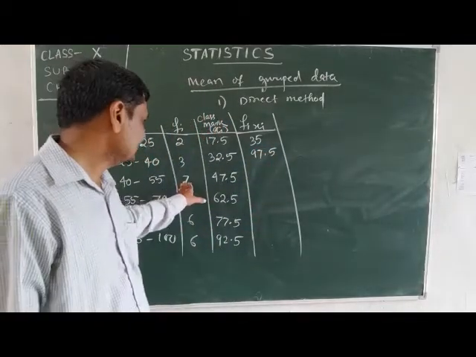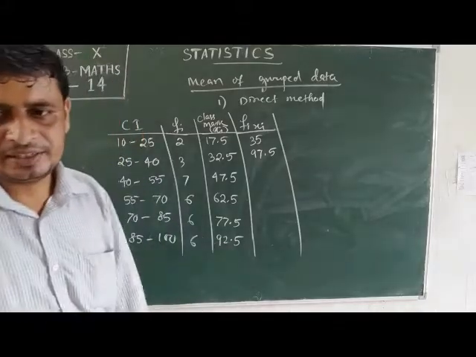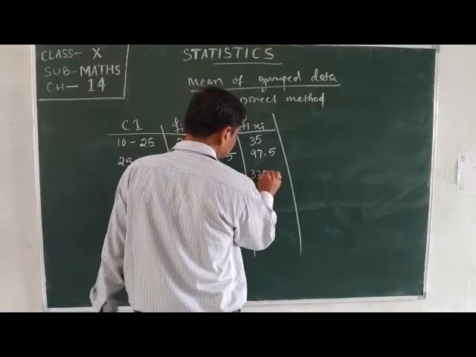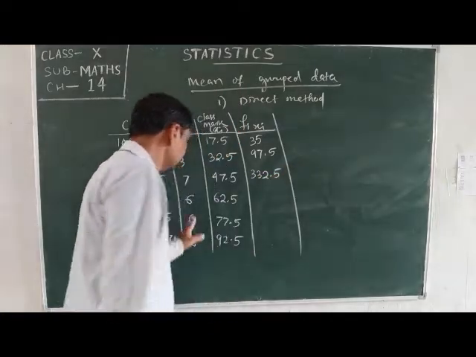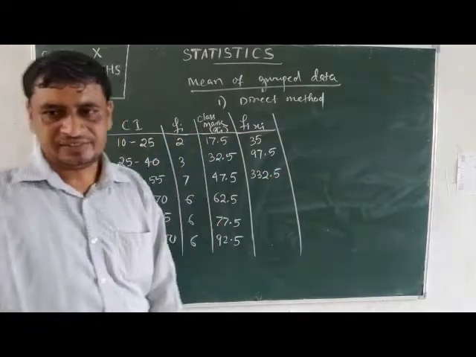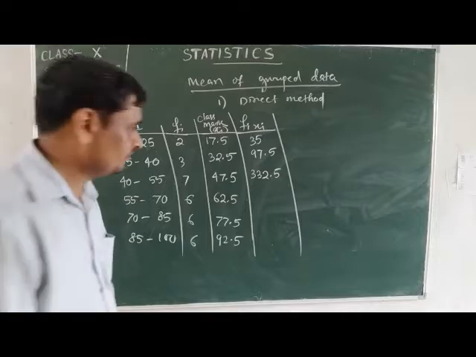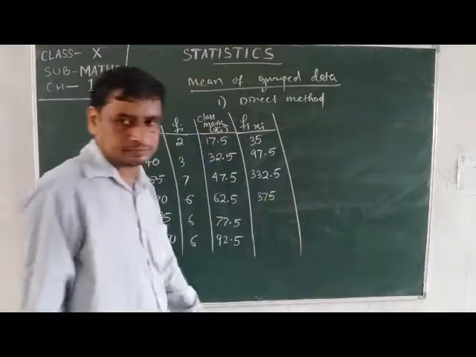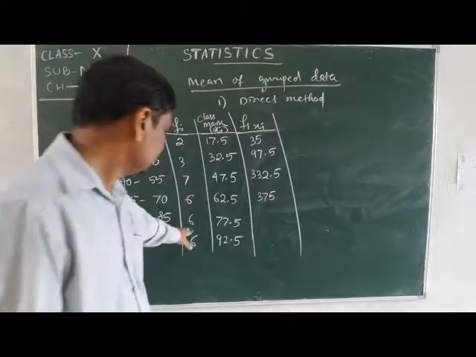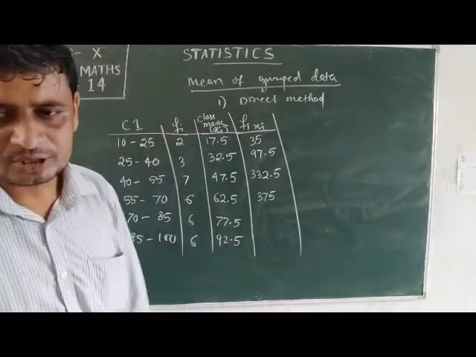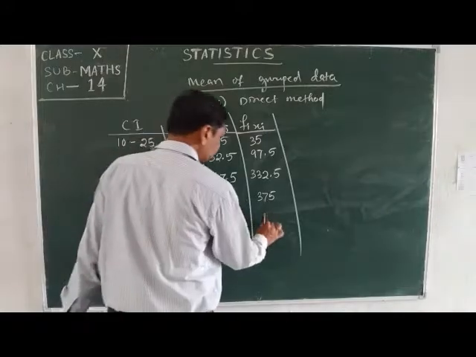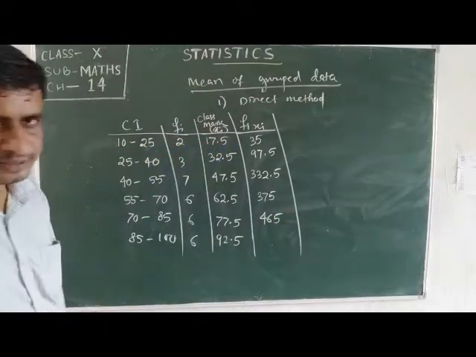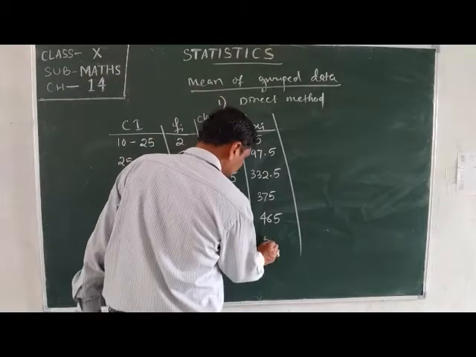Next, 7 into 47.5 becomes 332.5. 6 into 62.5 becomes 375. Next, 6 and 77.5 becomes 465. And 6 and 92.5 becomes 555.